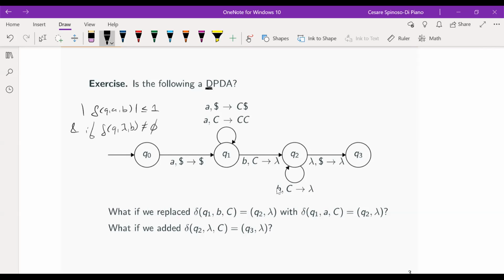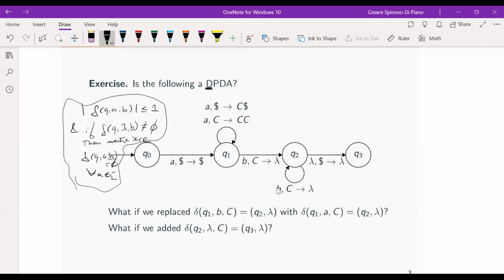If this is not empty, then you have to make sure that delta(Q, A, B) is empty for every A in your alphabet. Okay.